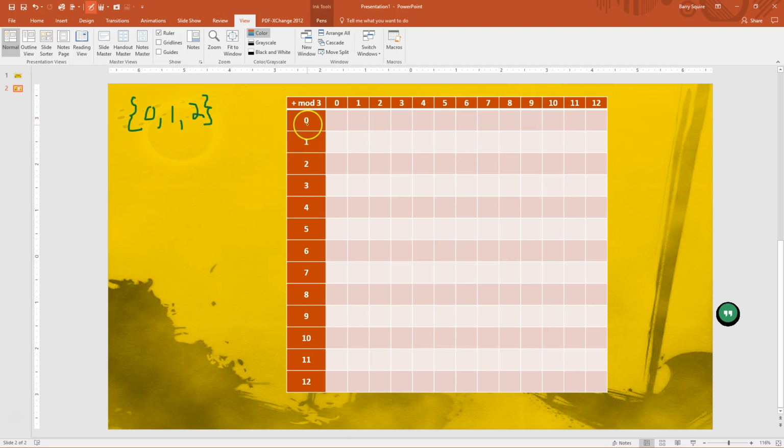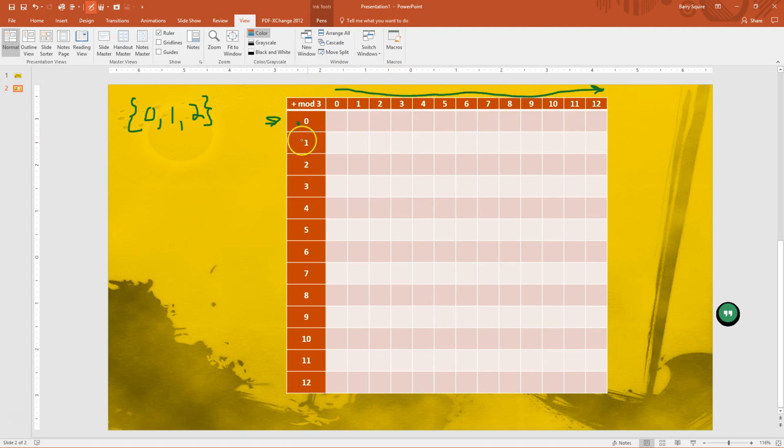So I'm going to start adding across. I'm going to add 0 here to all these numbers, all the way across. So 0 plus 0 is 0. That's still in our acceptable range. 0 plus 1 is 1. 0 plus 2 is 2. 0 plus 3 is 3.